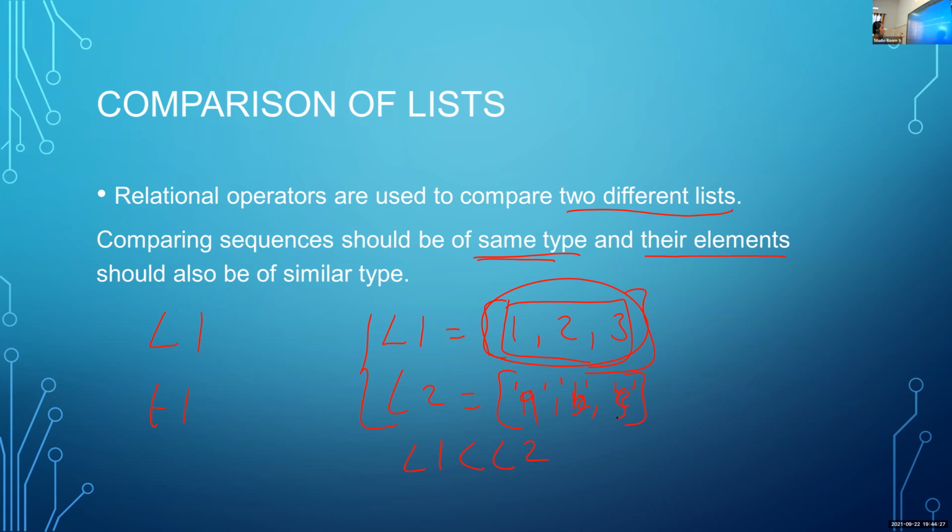If you are using a relational operator with sequences, we can compare only same type sequences, and the elements within the list are also of the same type. In L1 if we are using integer data type, then L2 also we want to use integer data type. If within L1 I'm using string data type, L2 also I want to use string data type. That is the meaning of this statement.